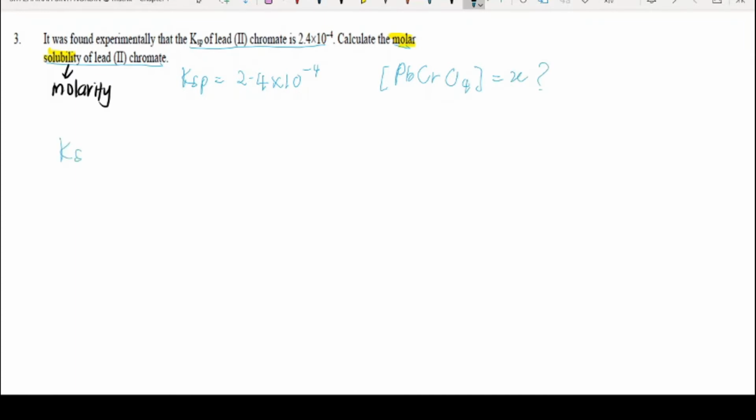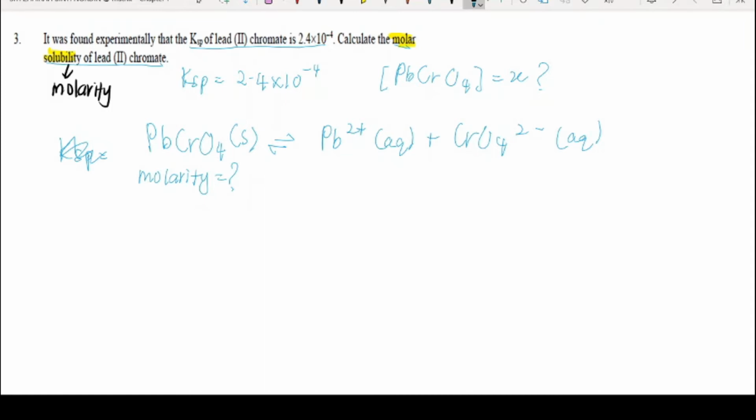So from the KSP expression, write down your equation first. So lead-2 chromate, PbCrO4, would have Pb2+ and CrO4 2 minus as the products. So what is the molarity for this one?